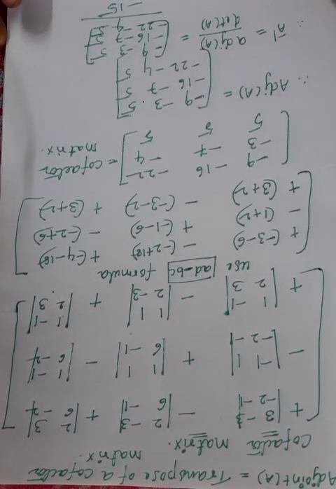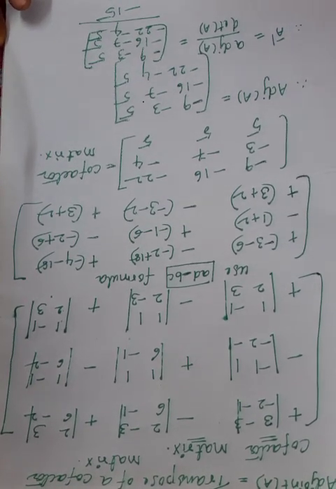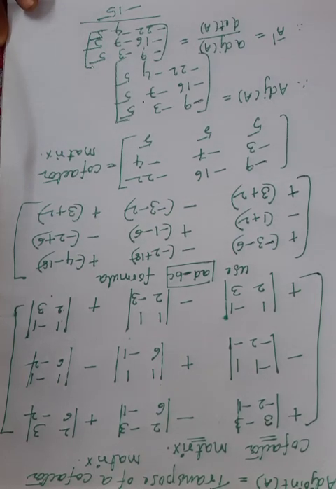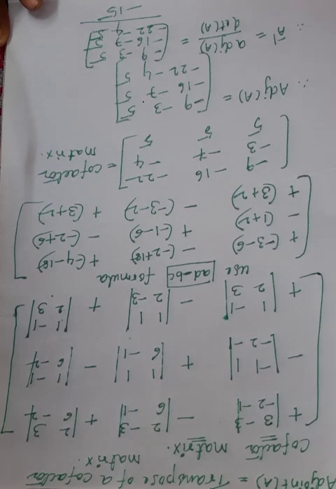We have already found the det of A as minus 15. So like this you have to find the det and adjoint of a given matrix.